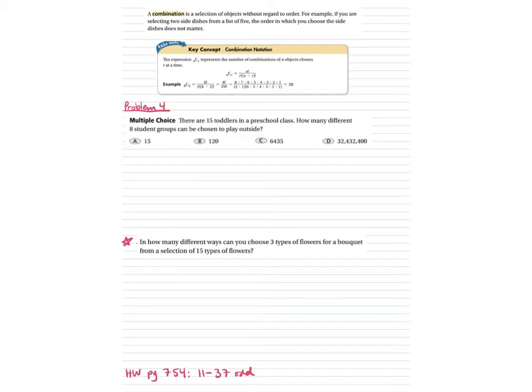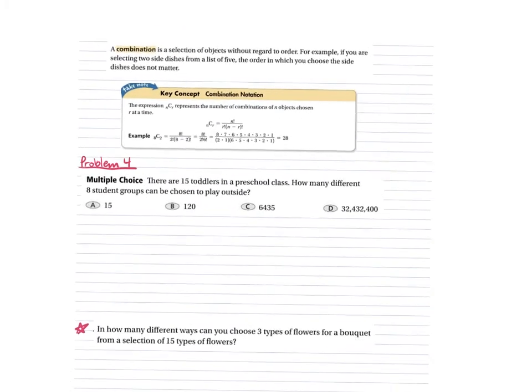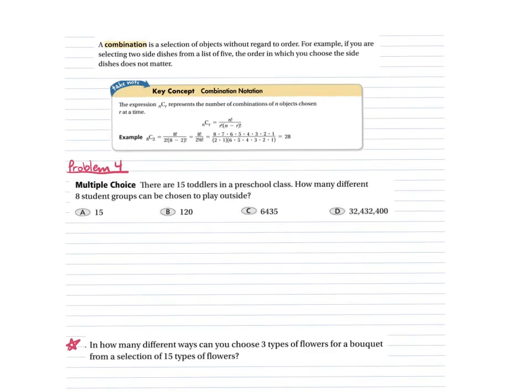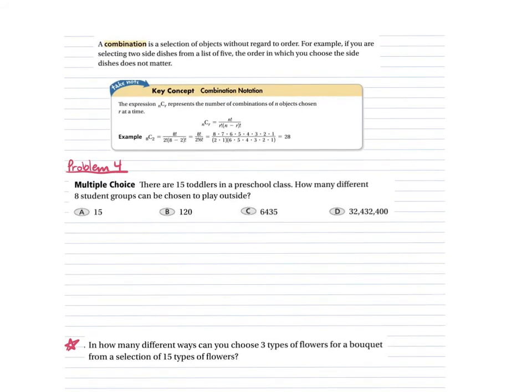Okay, moving on. Combinations. So combinations are a selection of objects without regard to order. So if you're selecting 2 side dishes from a list of 5, the order in which you choose the side dishes doesn't matter. So like in that example where I said, how many different ways, here is the notation for a combination.